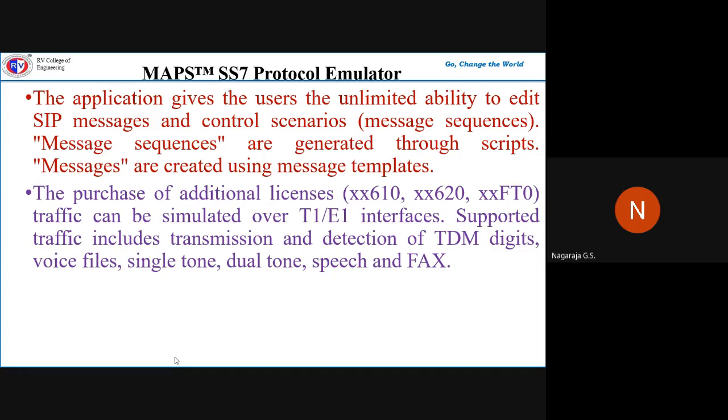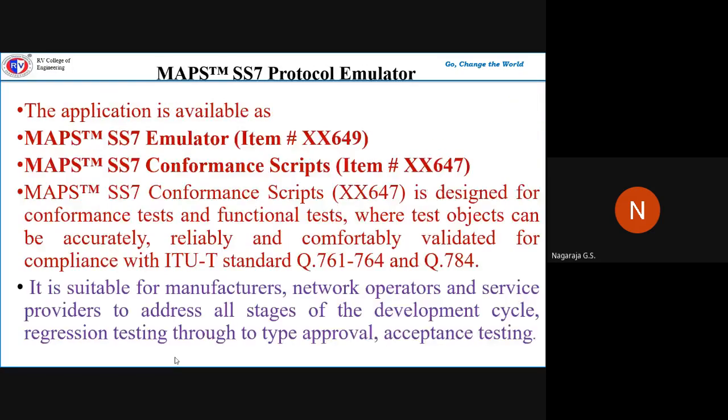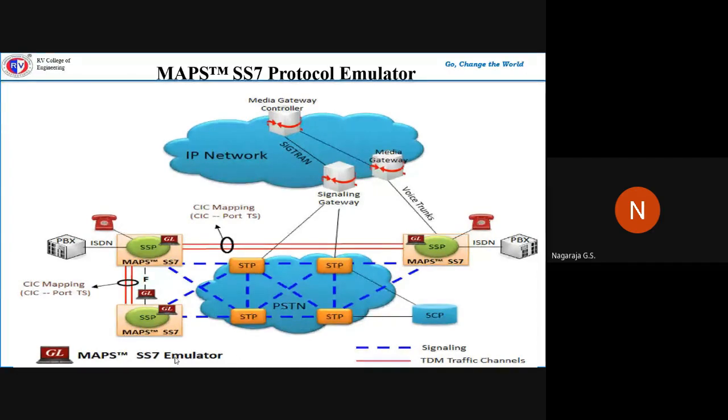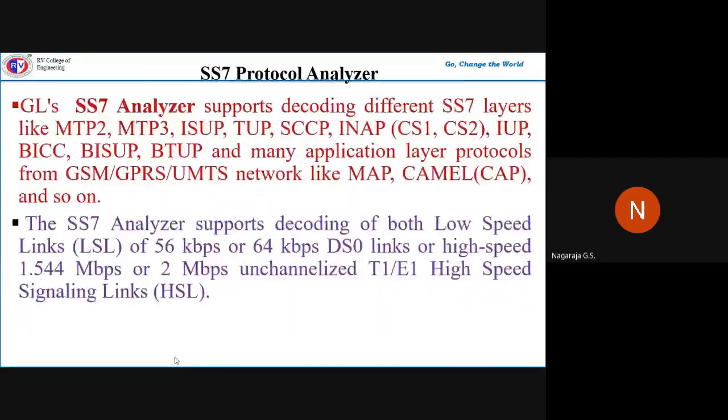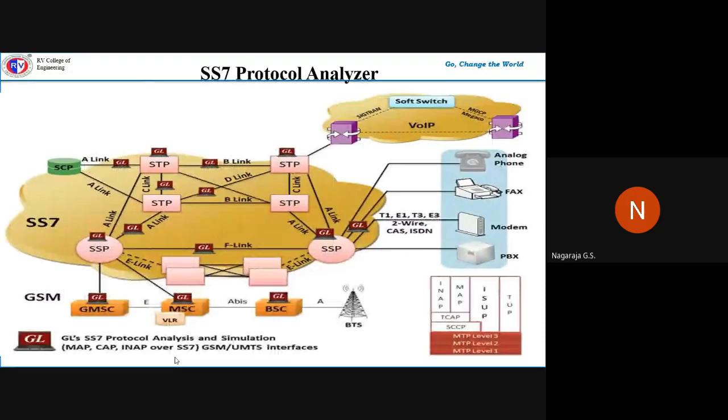All these emulators support traffic, which includes transmission and detection of TDM digits, voice files, single tone, dual tone, speech, and there will be fax services as well. The moment you look at your applications from this network, you can understand what kind of services we are able to get using your SS7 protocol. The moment you get those services, you want to analyze something in terms of various parameters.